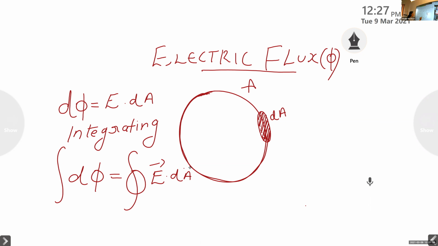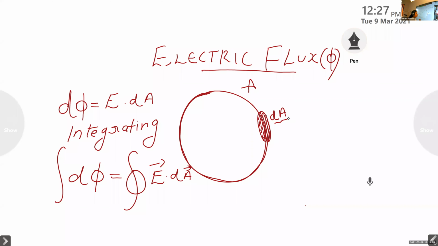Both the electric field and the small area are vector quantities, so put the vector notations there. What we are considering here is the electric flux of a small area. To find this, we consider a spherical surface and take a small area of that surface, represented by dA.